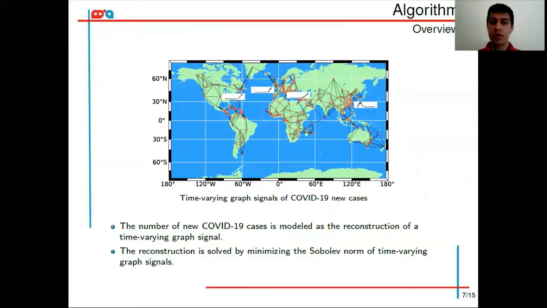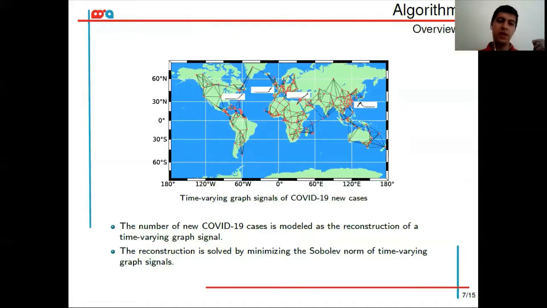Now, the overview of our algorithm. We have a graph, and for each node in the graph we have a time series. For example, we have the US and a time series giving us the number of new COVID-19 cases.